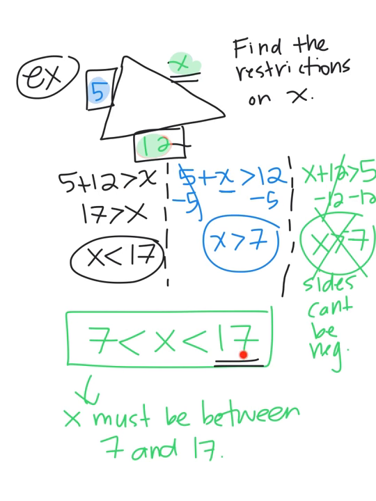The biggest number that x can be is just adding these two together. 5 and 12 gives you 17. Now look at the smaller number, 7. The smallest number that x can be, look back at your original problem, 5 and 12. To get that number, all we do is subtract 12 and 5. So there is a little shortcut that we'll talk about in the next problem.